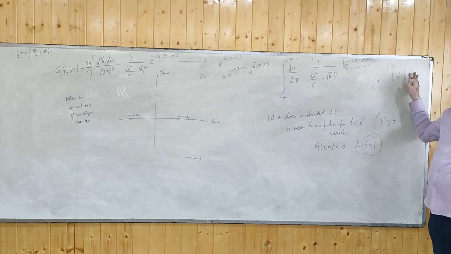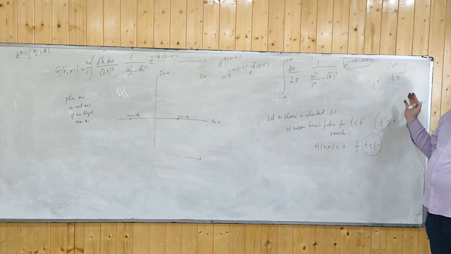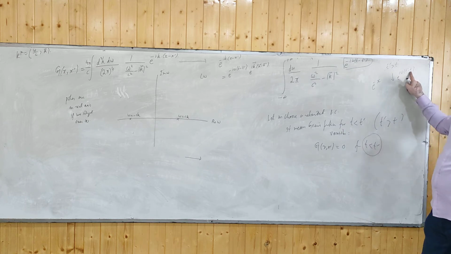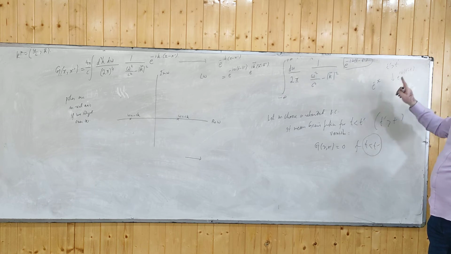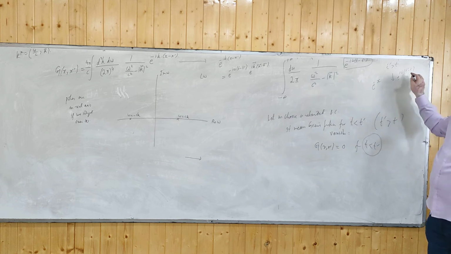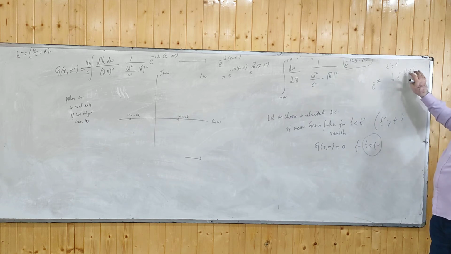When can it be 0? When this t prime minus t is a negative value. So when it has a negative value, I need to choose the lower half contour. Since this is a positive quantity, if it is, let's say, minus i, sorry, it should be equal to i.